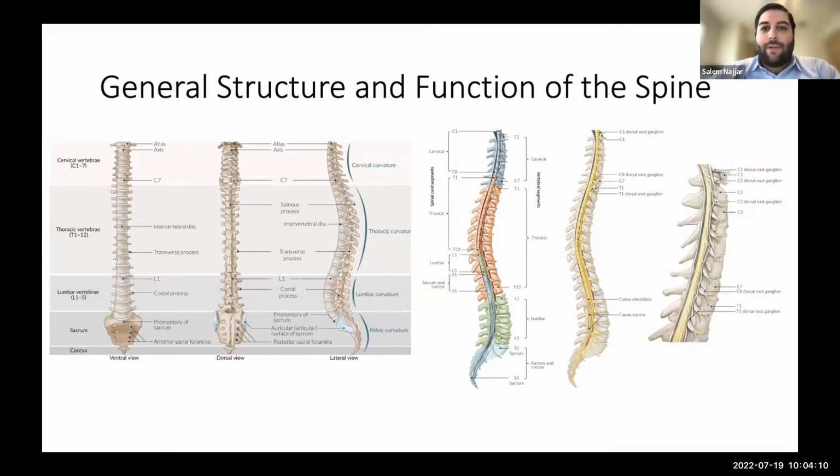There are several sections of the spine that have different anatomy in each part, and we're going to go through that. We have the cervical vertebrae, thoracic, lumbar, sacrum, and coccyx. Those are the different sections of the spine. There are 33 vertebrae, as I just mentioned. There's this double S shape.